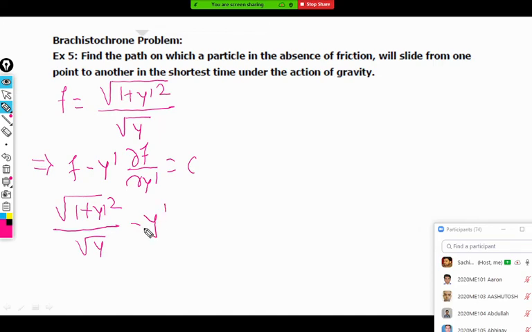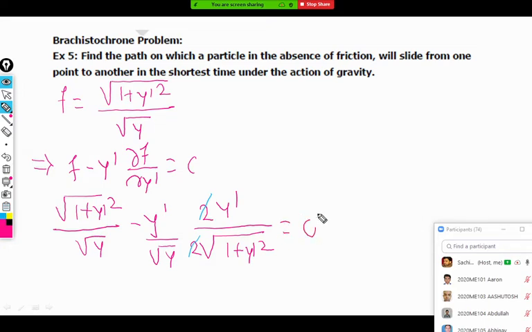What is the value of dou f by dou y dash now? 1 by root 2 y into y dash. Okay, correct. So again the same thing will happen, root y is a constant as it is. This is 2y dash divided by 2 times root of 1 plus y dash square. So that 2 gets cancelled as usual, is equal to a constant, correct?